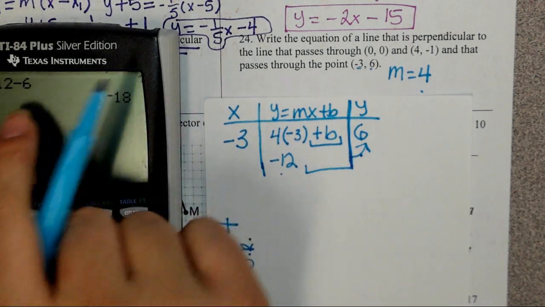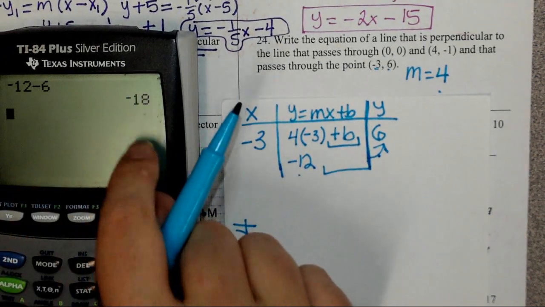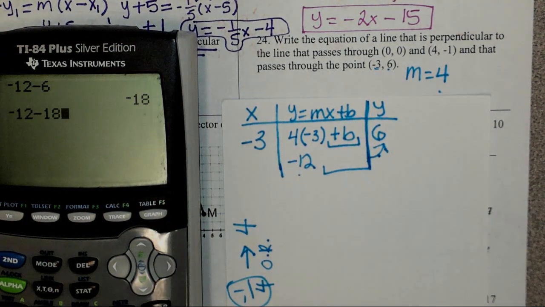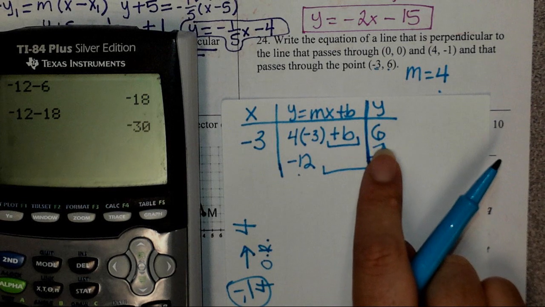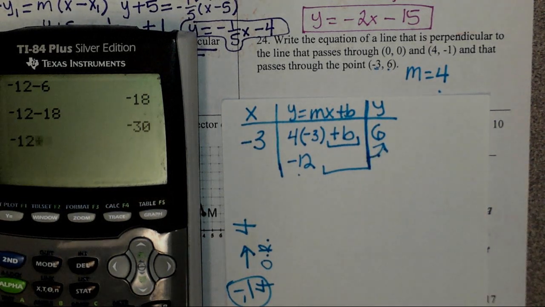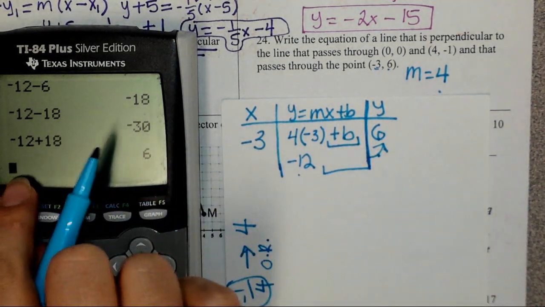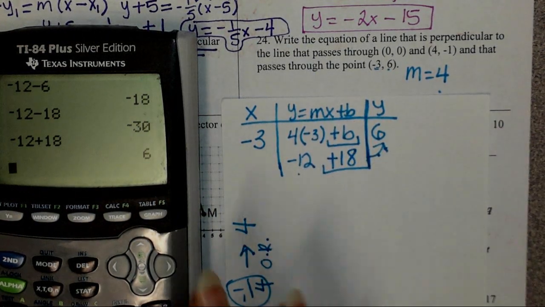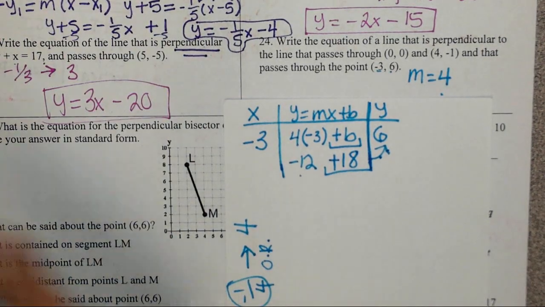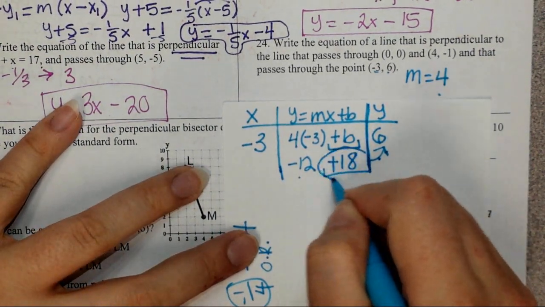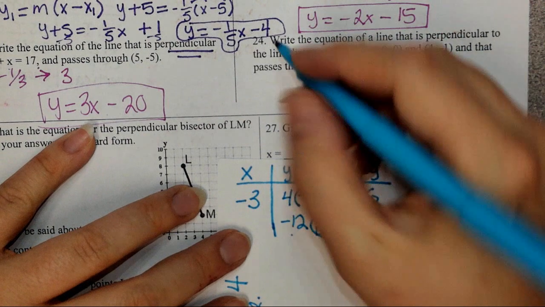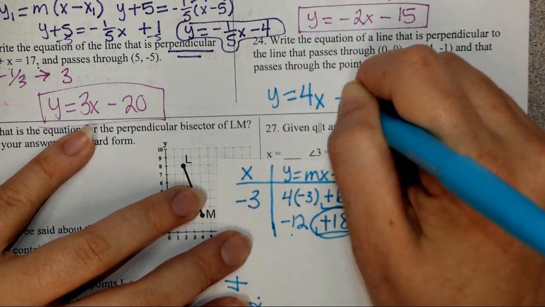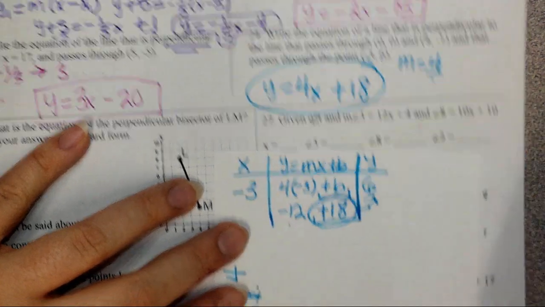If I subtract negative 12 minus 6, that gives me negative 18. But negative 12 minus 18 isn't going to take me to 6, so I need to add this. Negative 12 plus 18 is what will get me to positive 6. That's how I know what my plus b is. So altogether, y is equal to 4x plus 18.